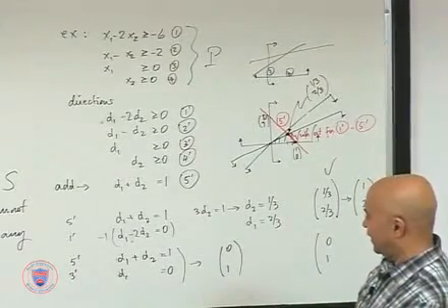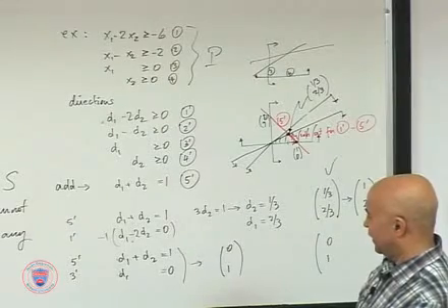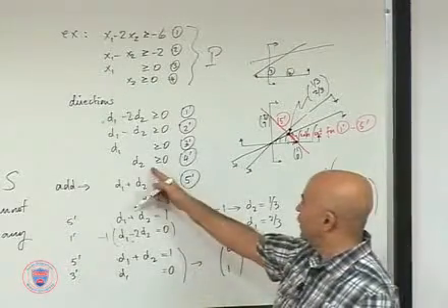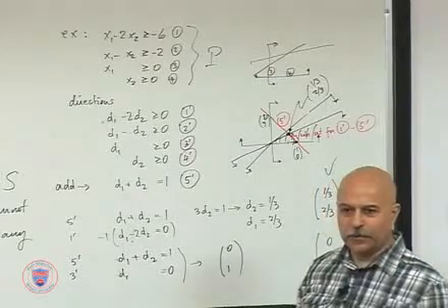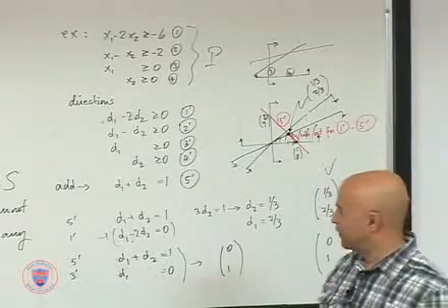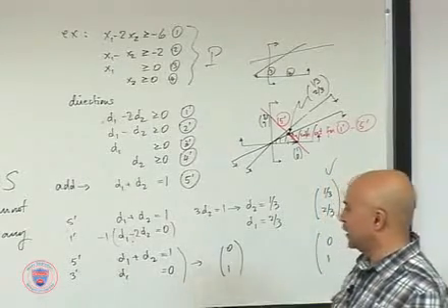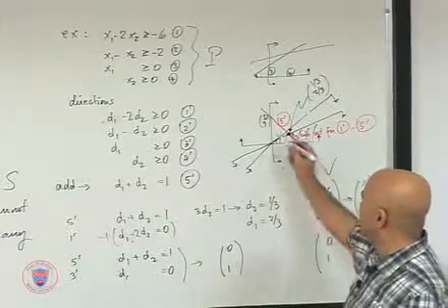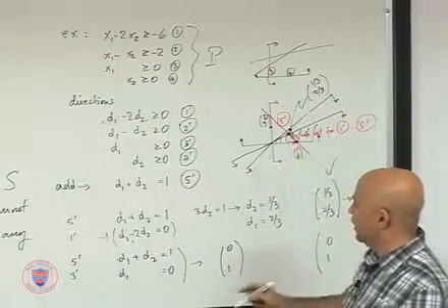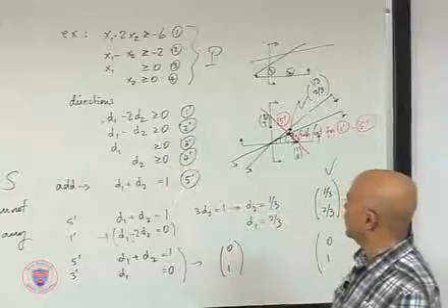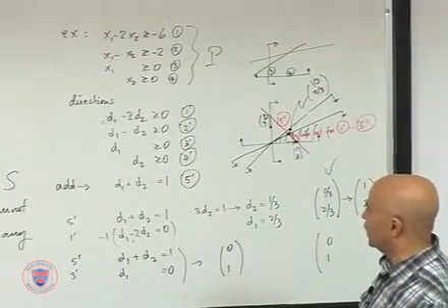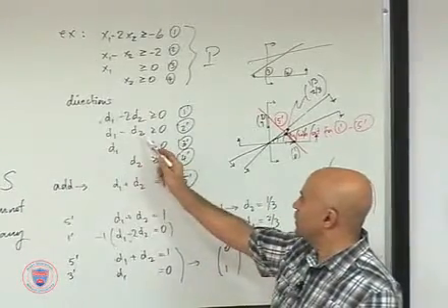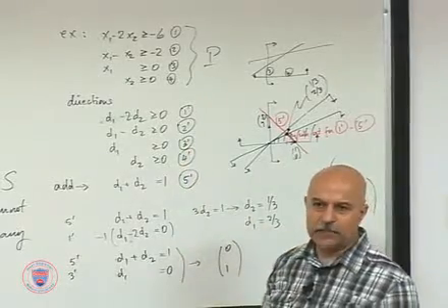We had better take the fourth constraint. I want the fourth one, not the third one. But this is not a direction. Because it points this way, and it should be violating at least one of the constraints. Which one does it violate? 0 minus d2. Number 2 prime is violated.